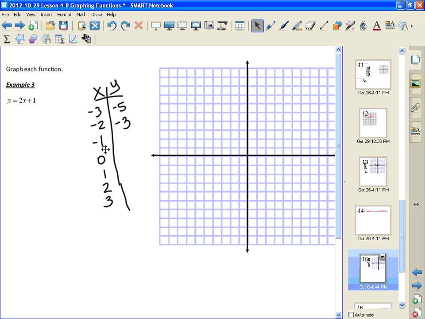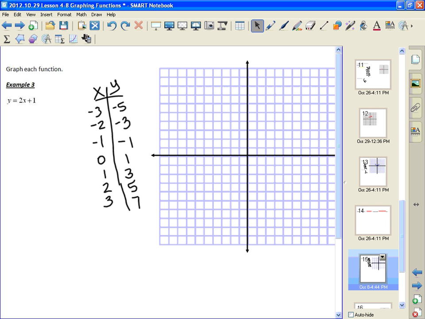When x equals -1, y equals -1. When x equals 0, y equals 1. When x is 1, y is +3. When x is 2, y is 5. And then when x is 3, y is 7.